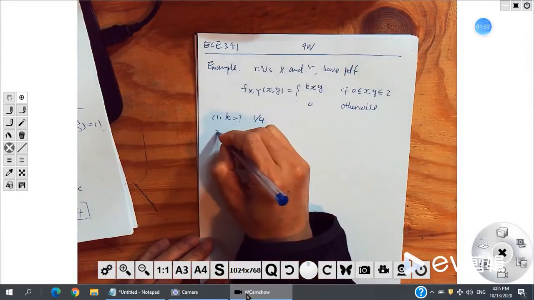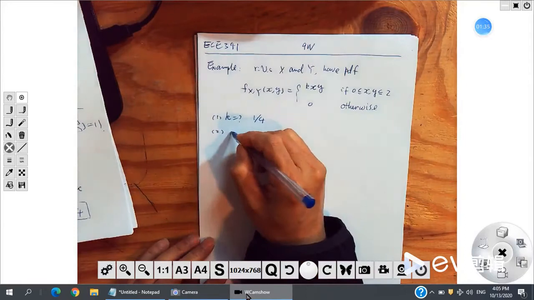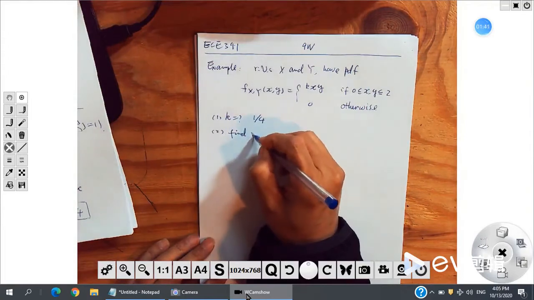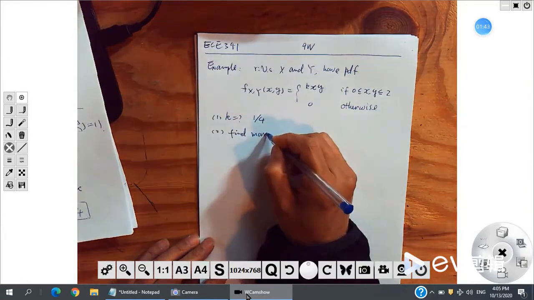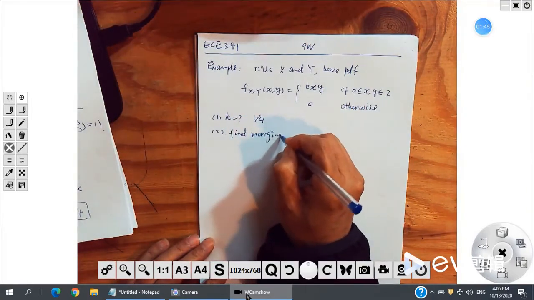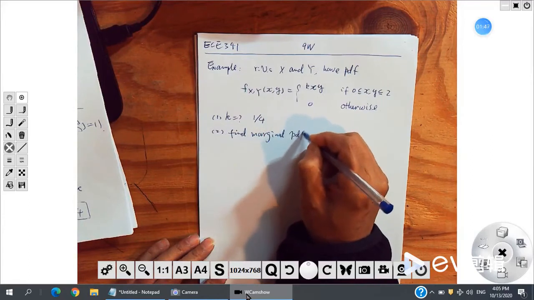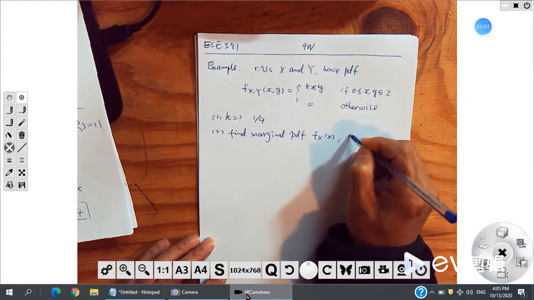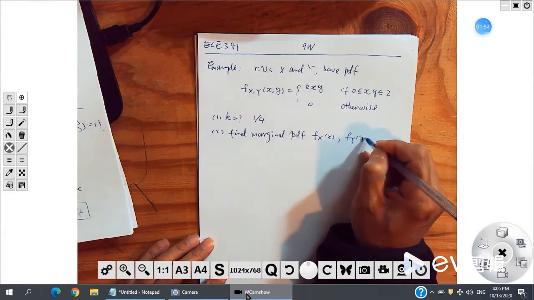And the second question is we want to find the marginal PDFs f_X(x) and f_Y(y).